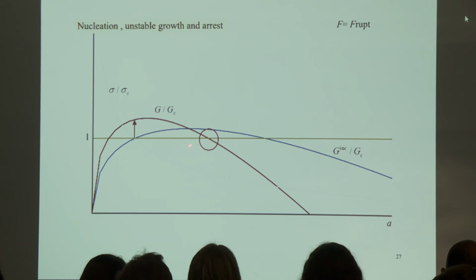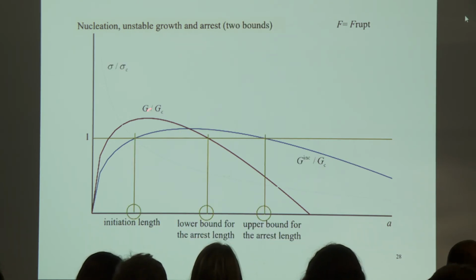It's an arrest length criterion, but you see that here there is an excess of energy, and depending on the situation, this excess of energy can also be consumed to increase the crack. And finally, if the excess of energy here is entirely consumed by the crack growth, it cannot go beyond that point.